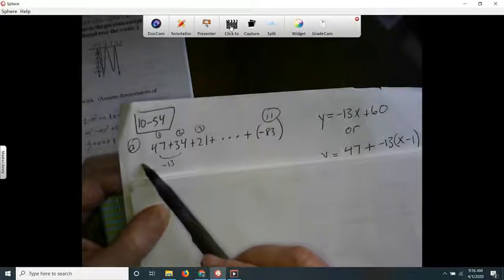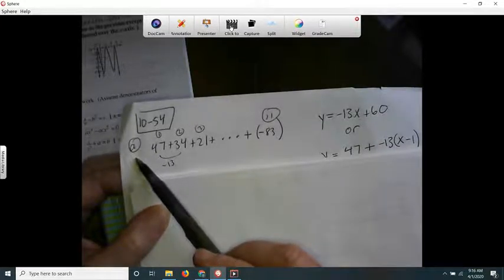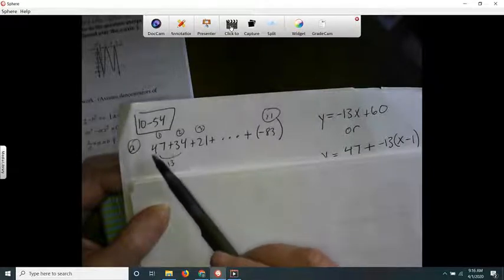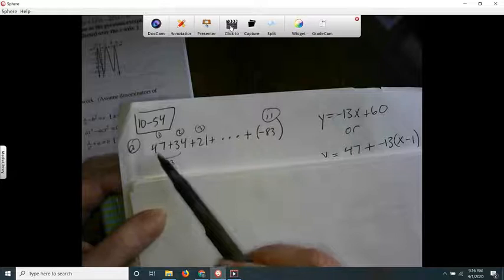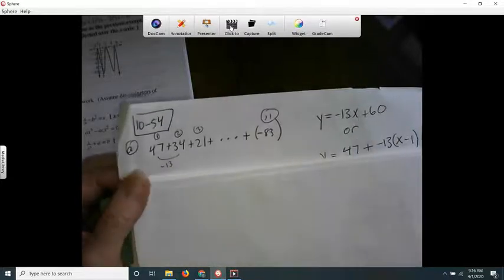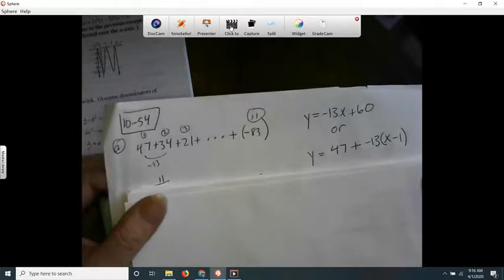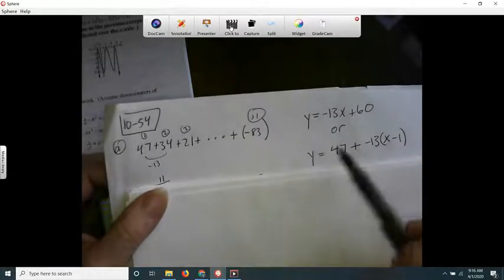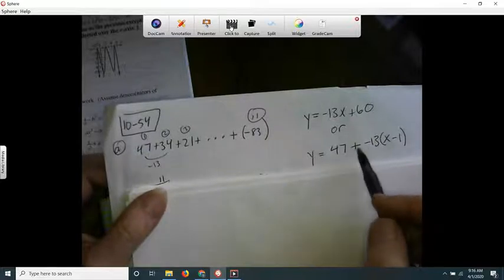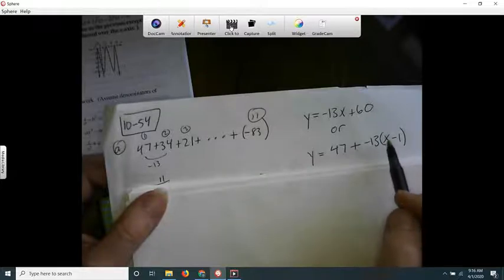So what would I have to subtract 13 from to get 47? Well, basically I just added 13 to 47 and I got 60. You don't have to do it in that form if you don't want. You can start with the first term, and then add the slope times x minus 1.